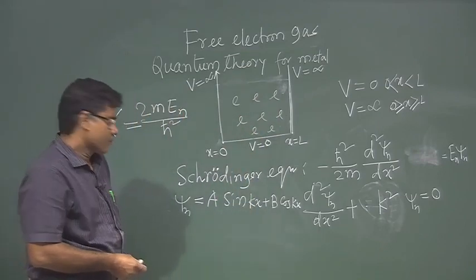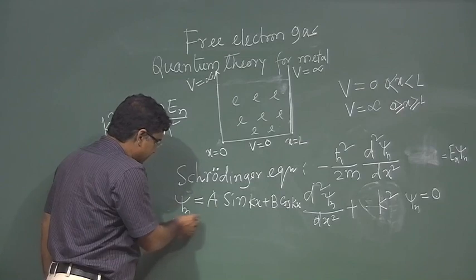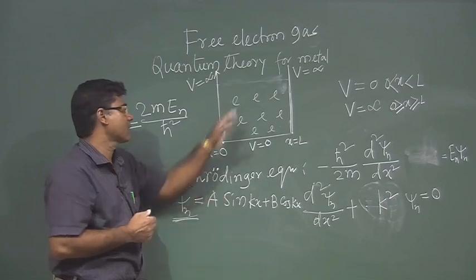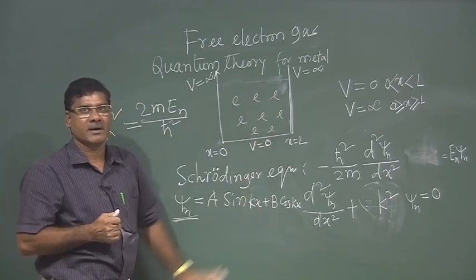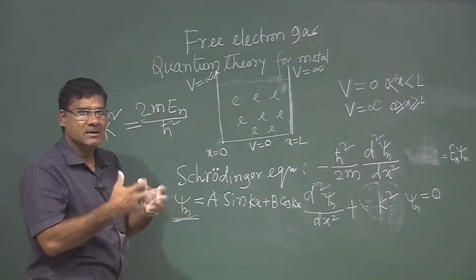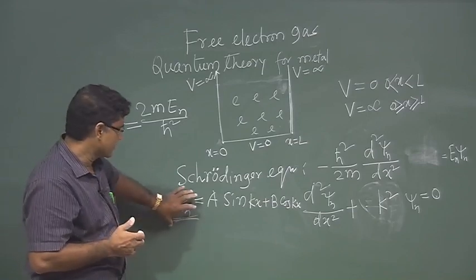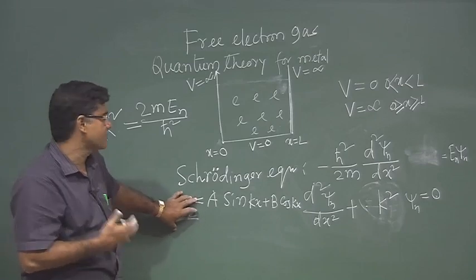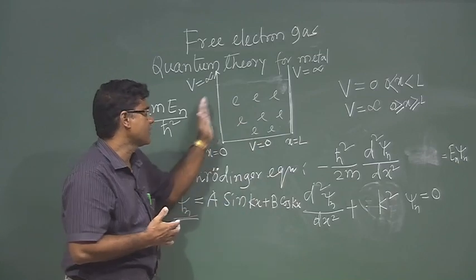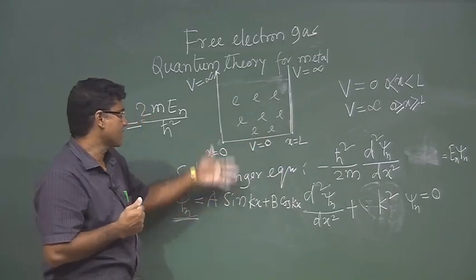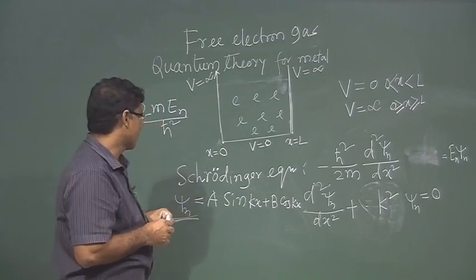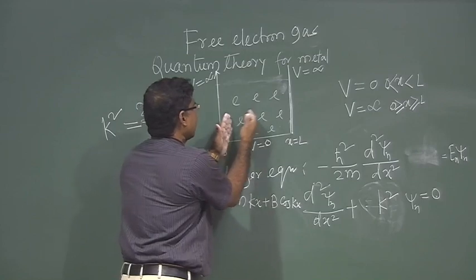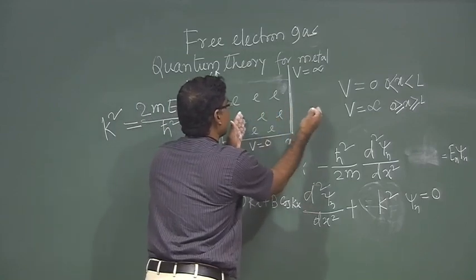Now, in quantum mechanics, this psi n is a wave function which contains all information about that system. So one has to extract all information from this wave function, and we have to adapt the wave function to our system by putting in all the conditions. What are the conditions here? The particle, the electron, cannot go outside.